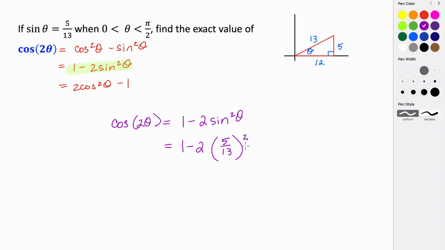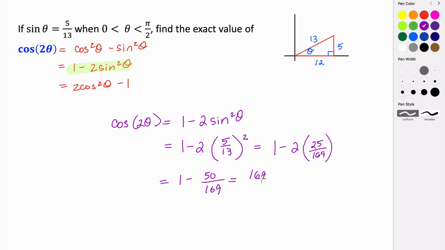So you square the numerator and denominator, so we get 1 minus 2 times 25 over 169. Take this product, 2 times 25, that's 50. So we get 1 minus 50 over 169. Now we have to take this difference, so we need to take 1 and make it into something with a common denominator.